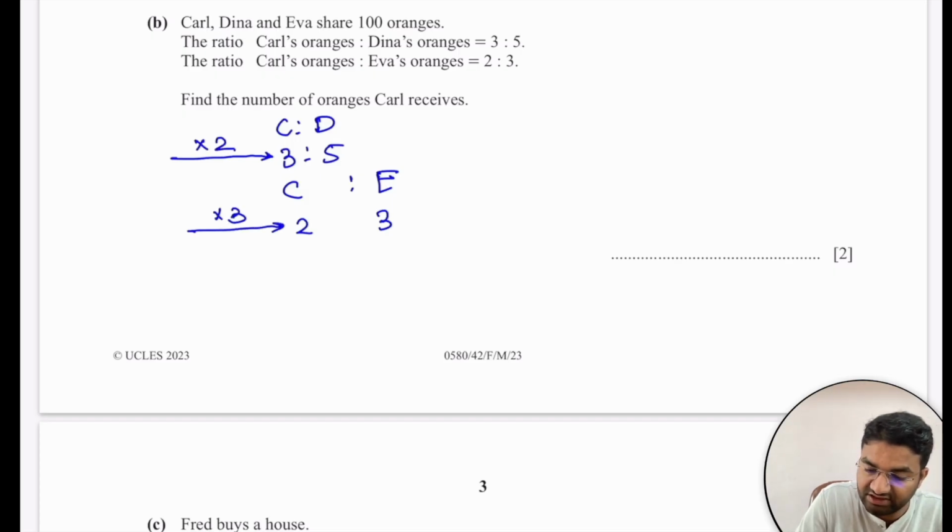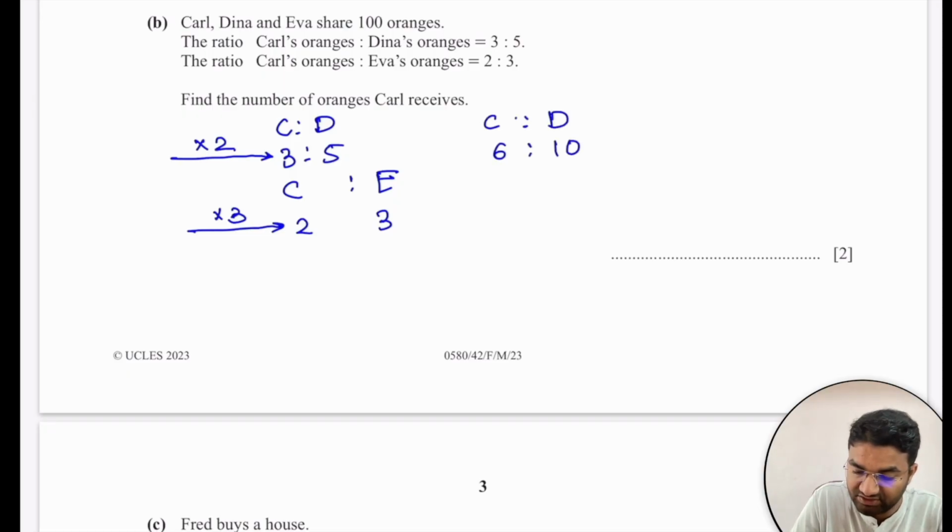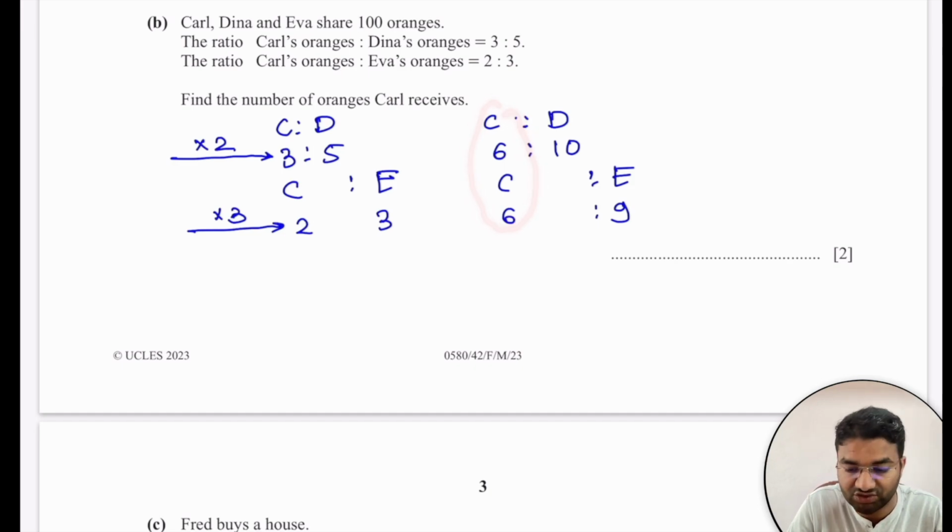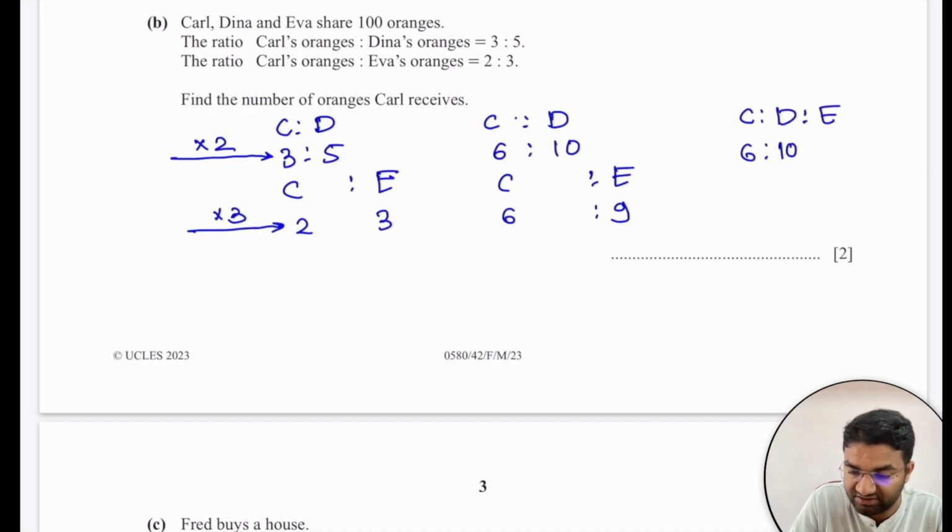Why do we do this? Because we have to make the Curl ratio the same. That's why we multiply by the LCM. You will get C to D as 6:10 and C to E as 6:9. Ultimately you got Curl's ratio as 6, so C to D to E you can write as 6:10:9.